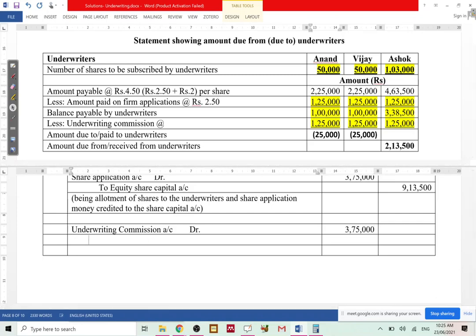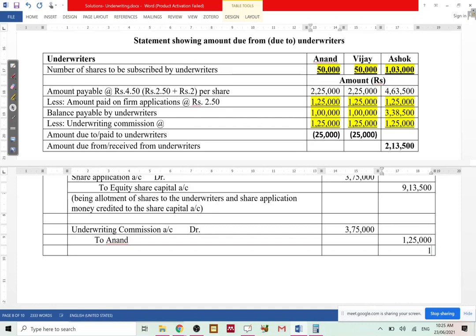Fine. And it is payable to whom? Who are the people who are going to receive it? Now for underwriting commission, these three underwriters become our creditors because we are supposed to pay them. So we have to credit their accounts. Okay. So we are supposed to pay Anand how much? 125. Credit it.